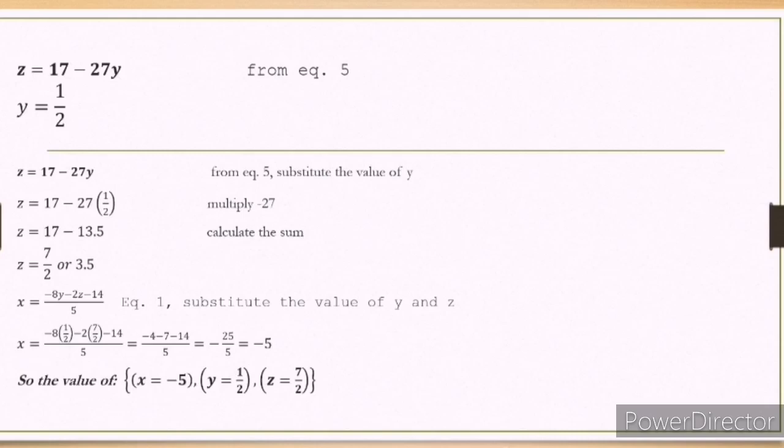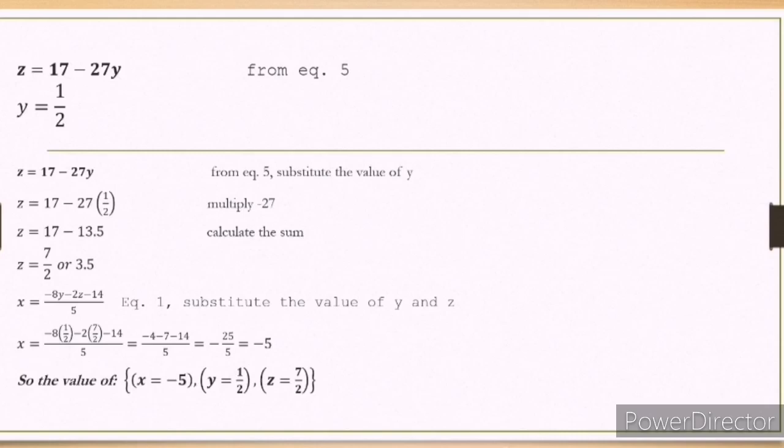So x is equal to negative 8 times 1 over 2 minus 2 times the quantity of 7 over 2 minus 14 over 5, which is equal to negative 4 minus 7 minus 14 over 5, which is equal to negative 25 over 5.